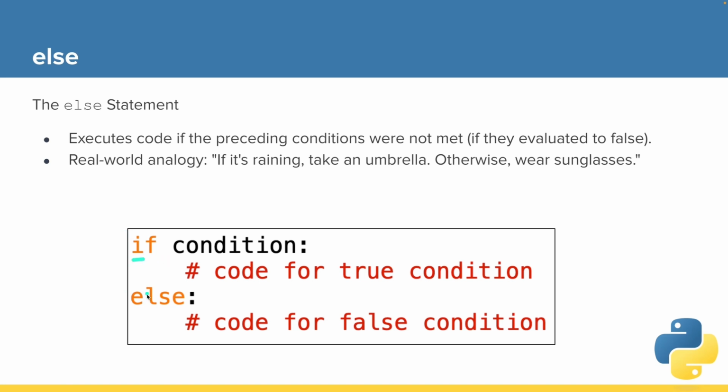So you see if and else, they're both indented the same level. And we'll indent under else the same way we would indent under if, matching our indentation. 4 spaces or a tab by default. And then we will execute that code. So that's a little bit about the else statement.